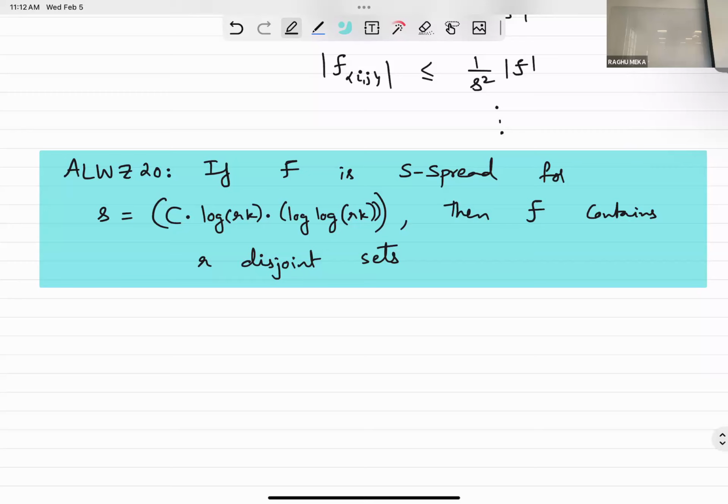And this bound has since been improved. We'll talk about that later on, but let's just understand the exact formulation here.